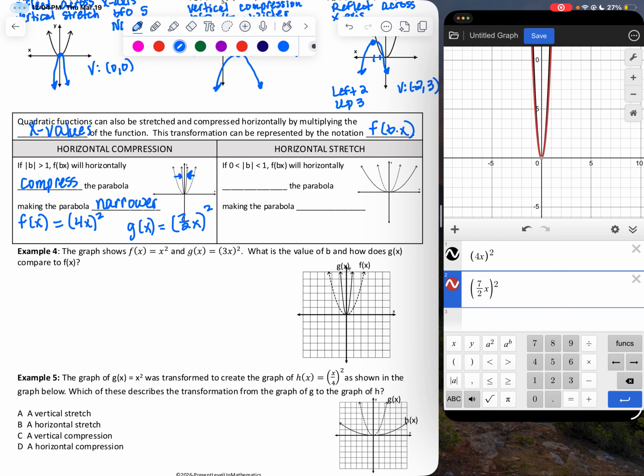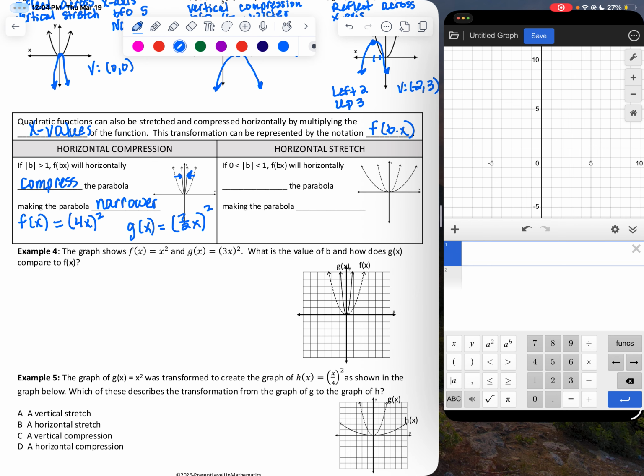All right, now, if your b value is between 0 and 1, then f of b times x will horizontally, this time, stretch, because your x values are stretching outward.